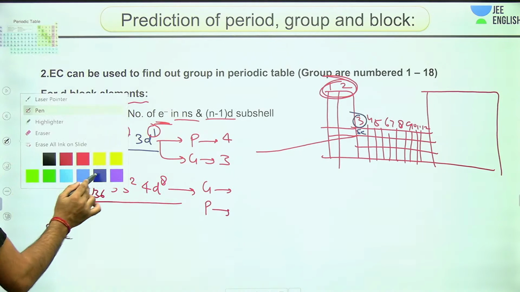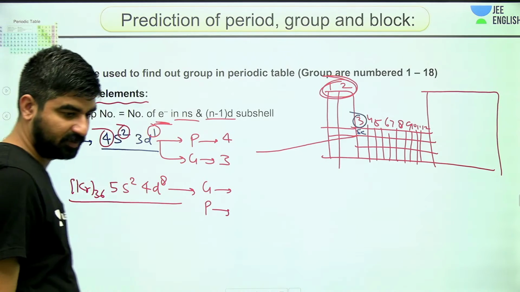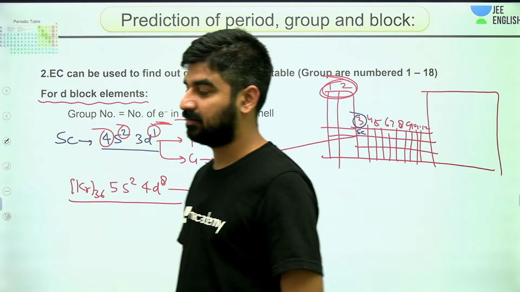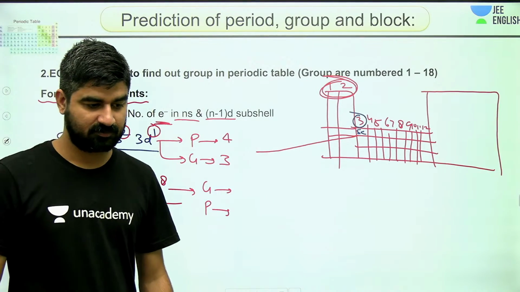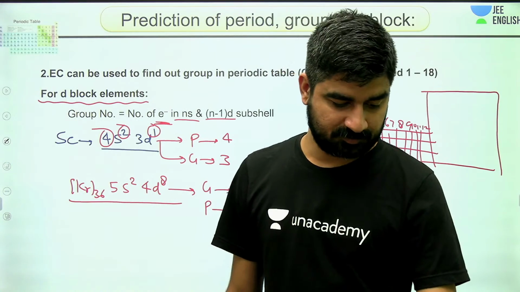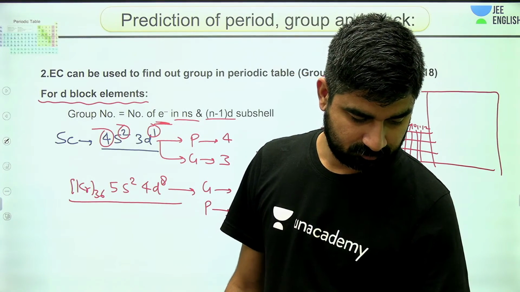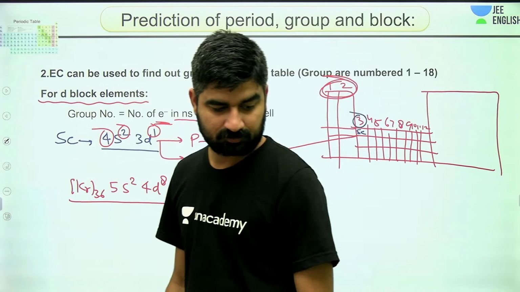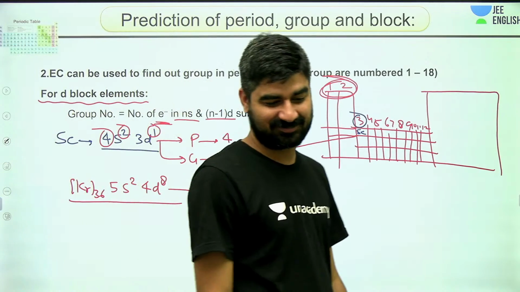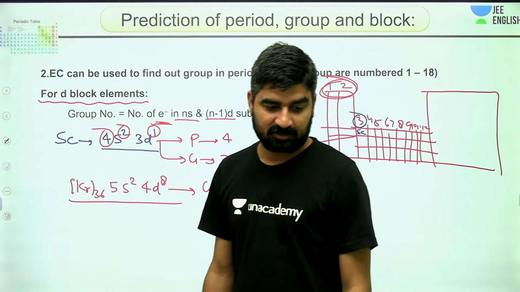Tell me the group number and period number. Tell me, guys, the group number and period number. Be fast. Yes, Nehanshu. Tell me fast.